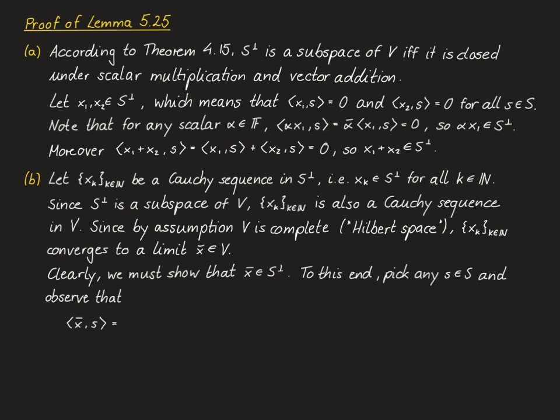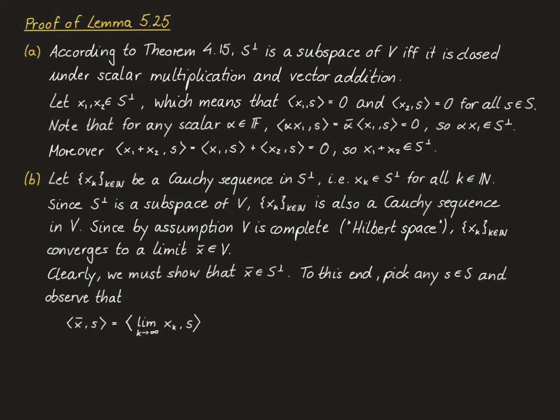To this end, pick any element s in S and consider the inner product of x bar with s. For x bar, we can also write the limit of the sequence xk as k goes to infinity.